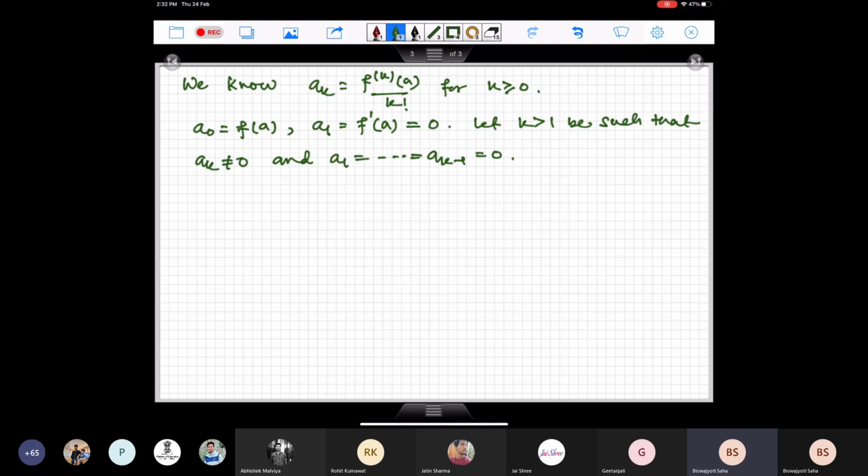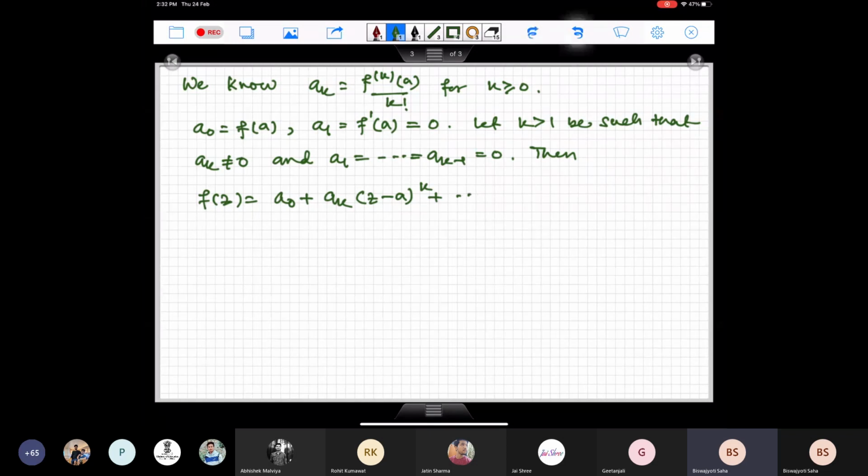So if my k is like this, then how does my function look like? So then f of z looks like a naught plus ak into z minus a power k plus so on and so forth.